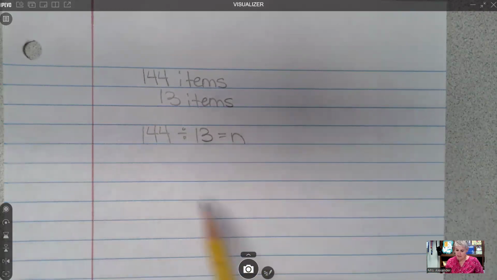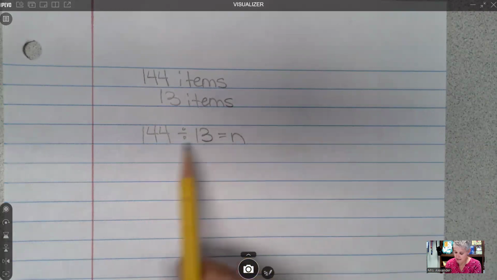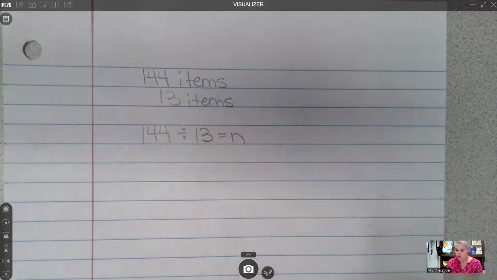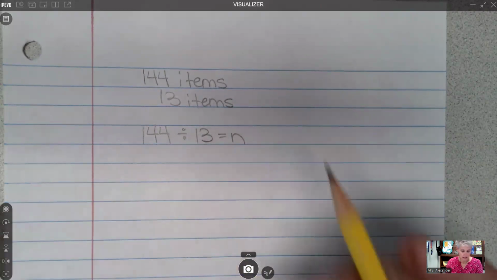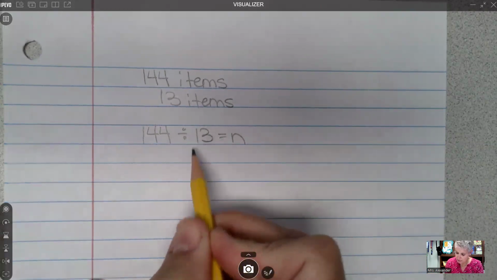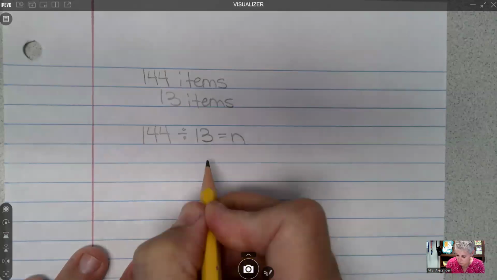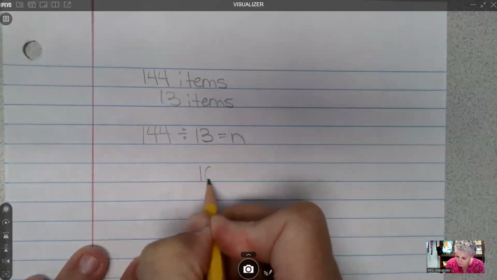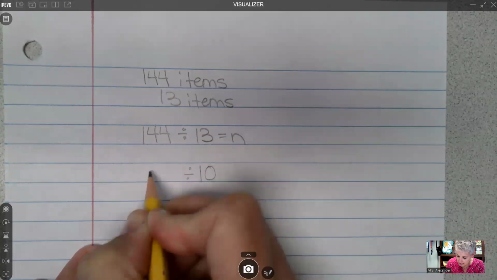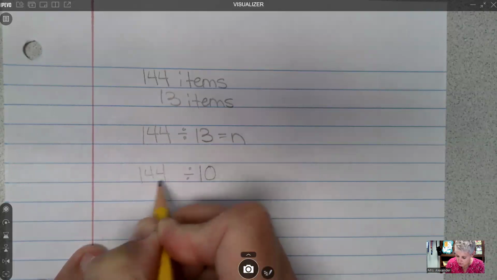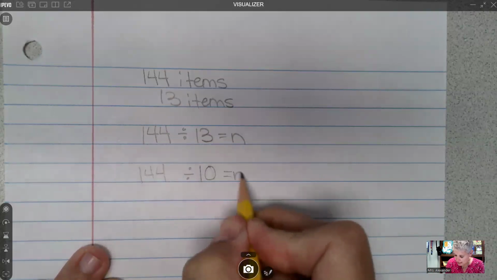So when I look at this, they're not super compatible or friendly right now. So I would probably change this 13. I would probably round that down to 10. And then I could look at 144 divided by 10 equals n.